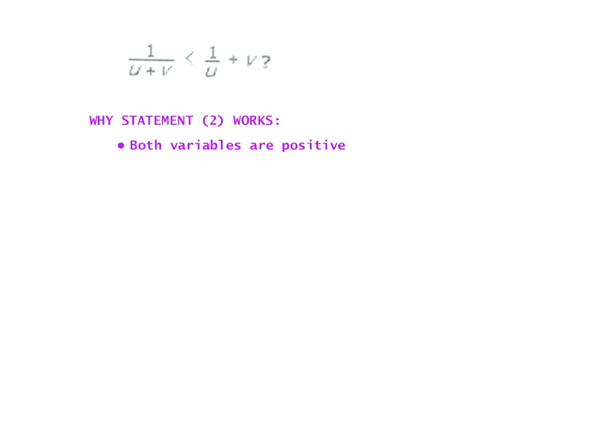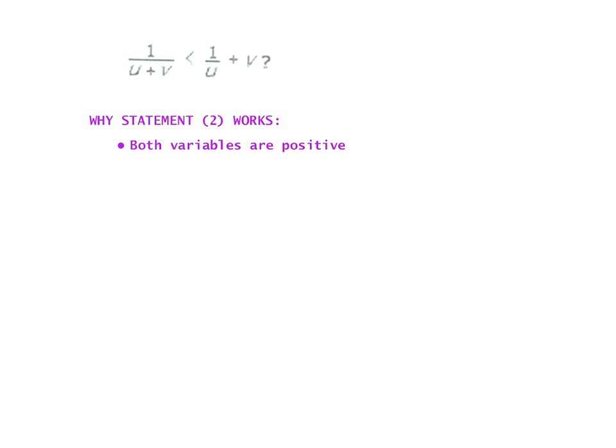So in statement 2, this is the inequality that you're trying to do. Why statement 2 works: it works because u and v are both positive. Therefore, this is going to be bigger than that.